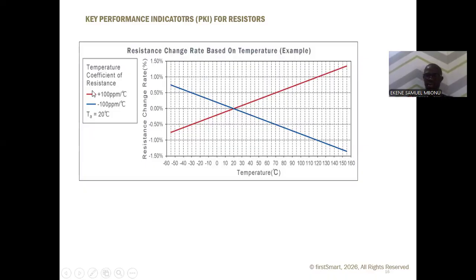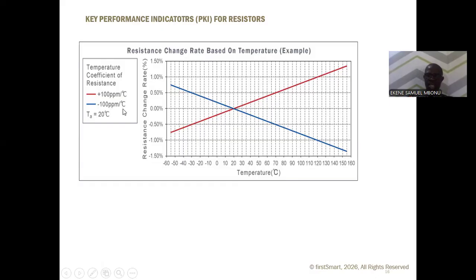Look at the graph. Can you see this graph? Yes. So this is a positive TCR, and it has a positive slope, meaning that increase in temperature will lead to increase in resistance.